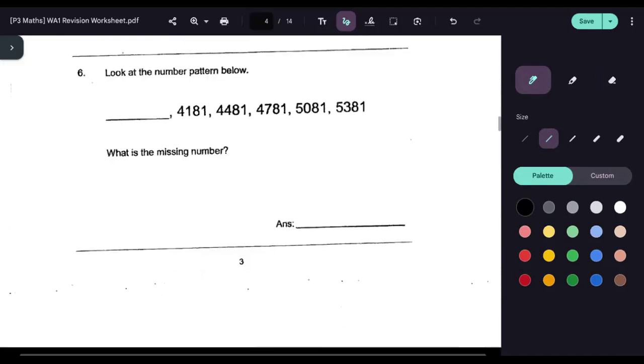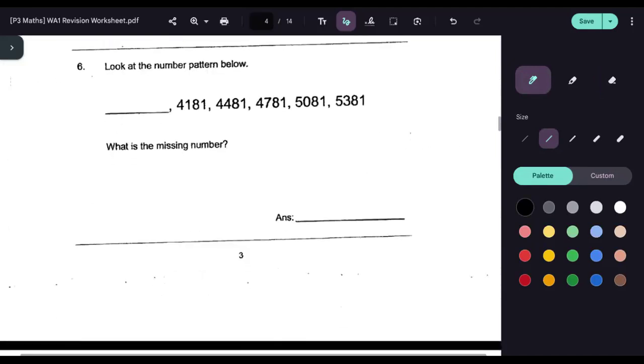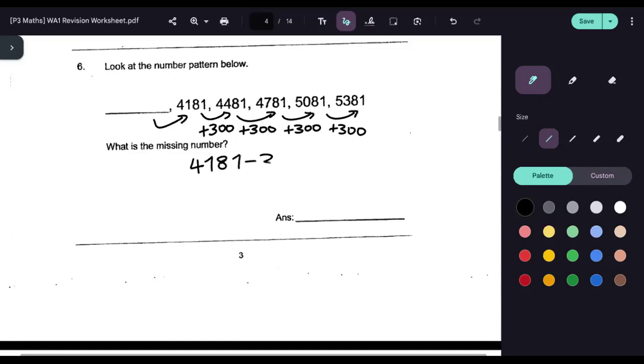Next one. Look at the number pattern below. This one we know is plus 300, plus 300, plus 300. What is the first one? 4181 minus 300. You want to minus away 300. 1 cannot minus 3, so you have to borrow: 11 minus 3 is 8, and the 3 just bring down.